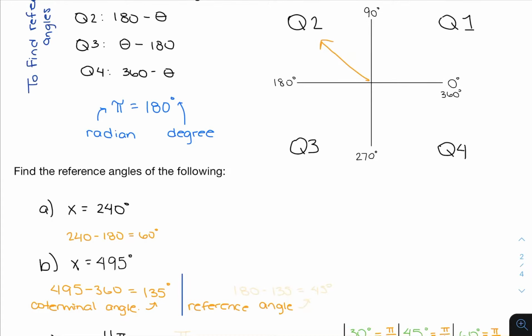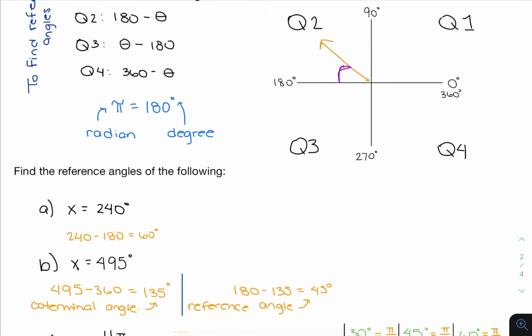So we can use this angle to find our reference angle. And since this angle is in the second quadrant, we can take 180 degrees and subtract 135 from it to get our reference angle. So our reference angle is 45 degrees.